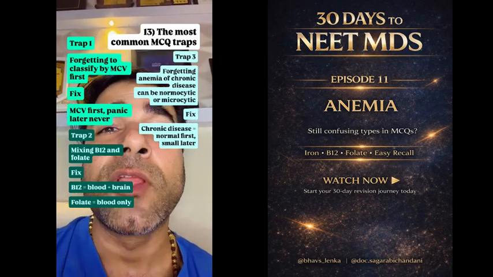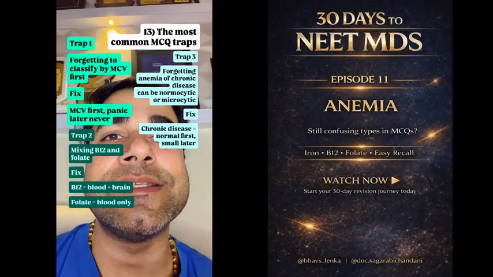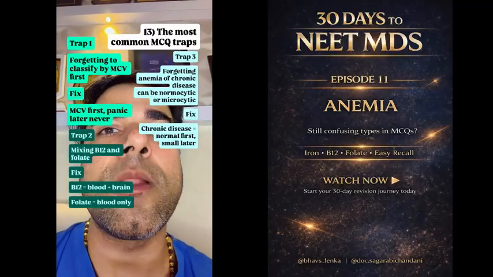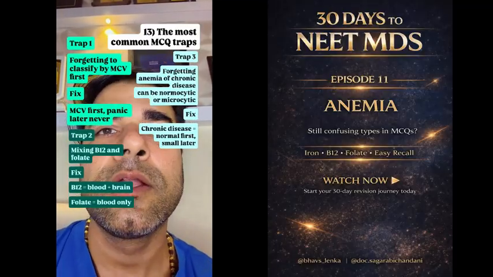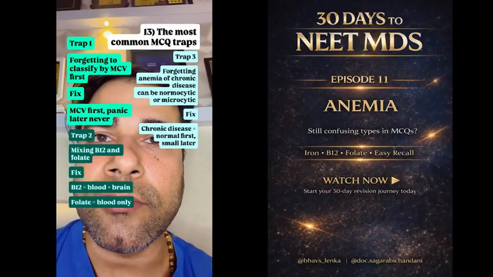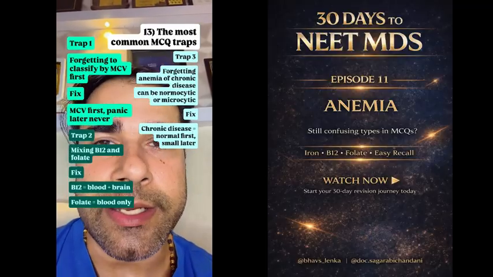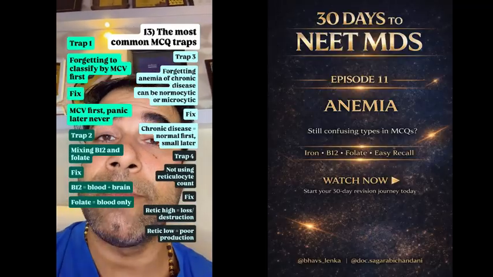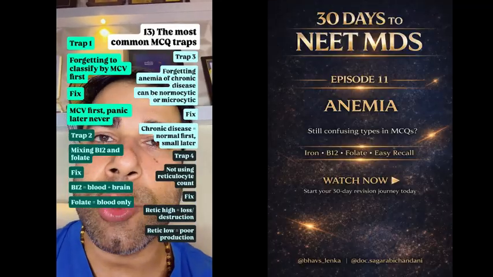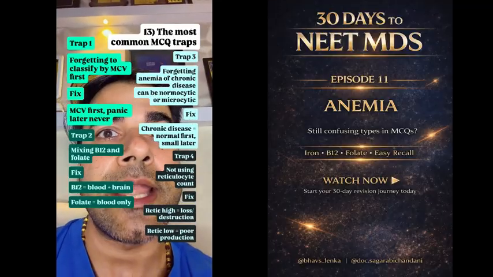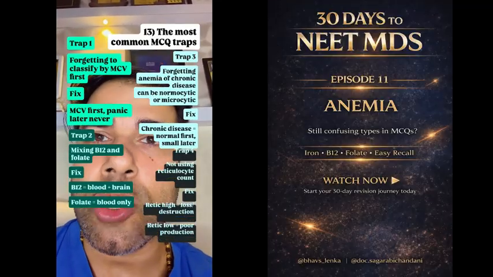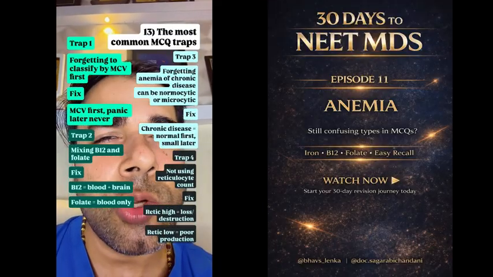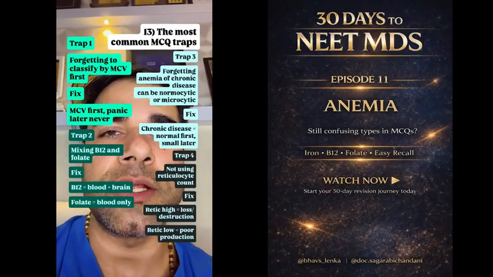Trap number 3: forgetting anemia of chronic disease can be normocytic or microcytic. Fix: chronic disease is equal to normal first, small later. Next, trap number 4: not using reticulocyte count. Fix: retic high is equal to loss or destruction. Retic low is equal to poor production.